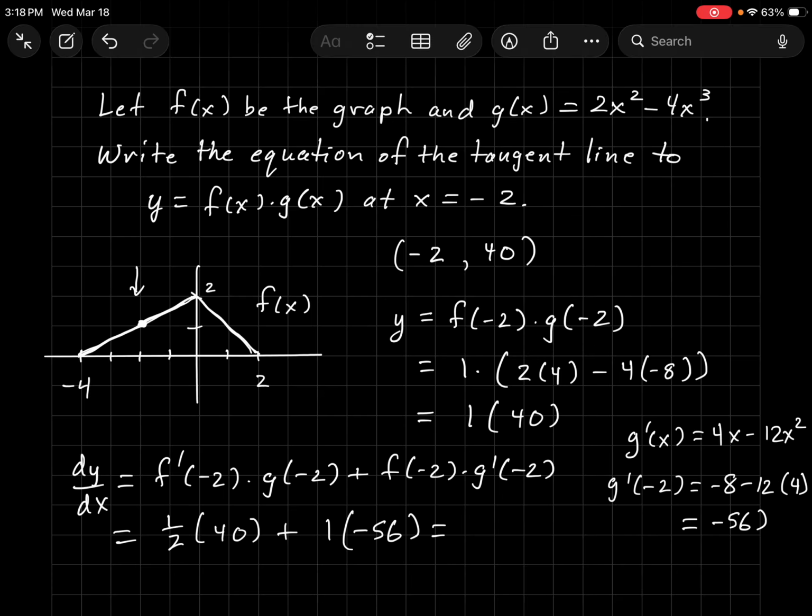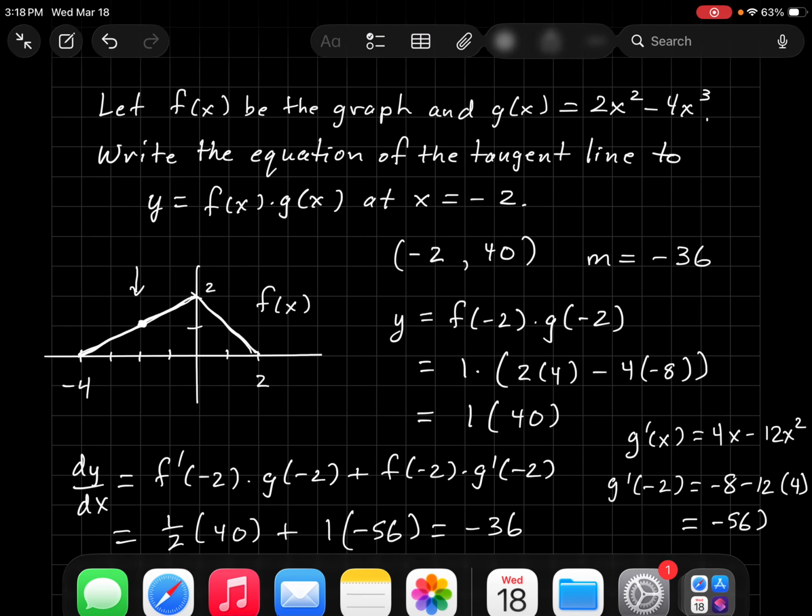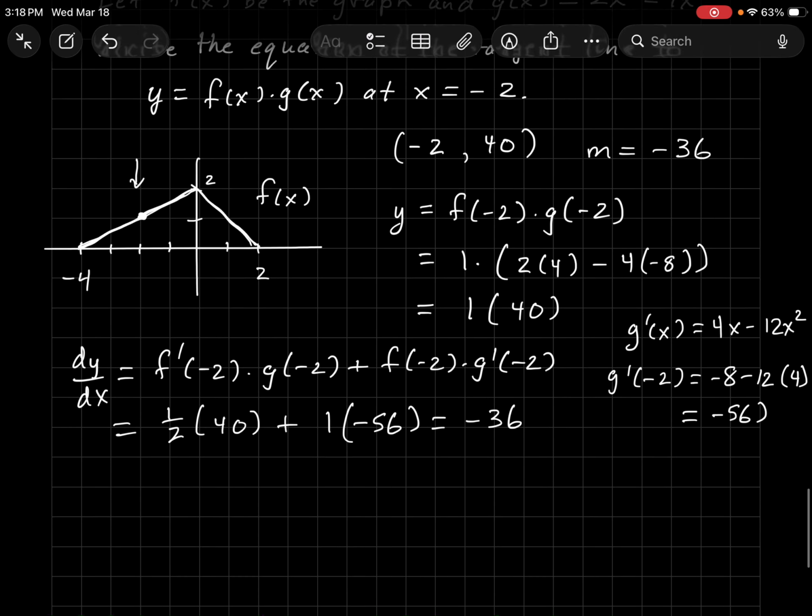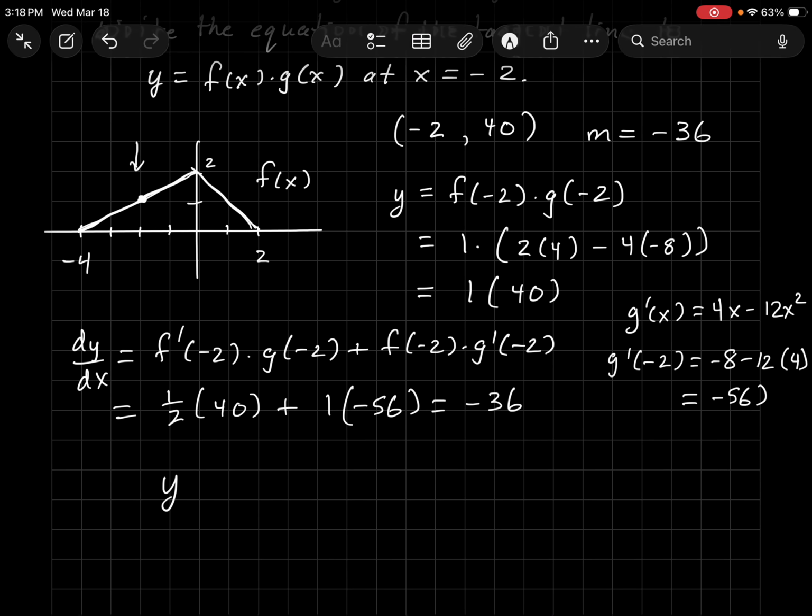So the slope is 20 minus 56, or -36. We now have the pieces we need to write the equation of the tangent line. And we get y minus the y value equals the slope times x minus the x value.